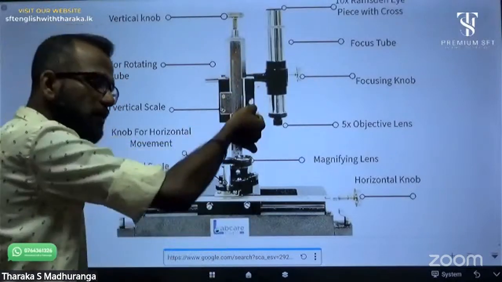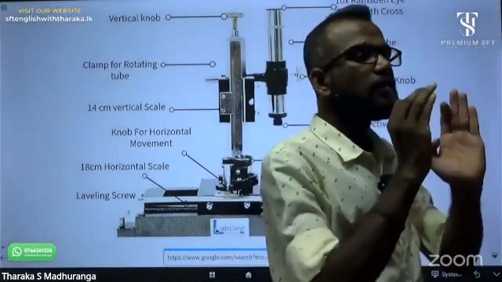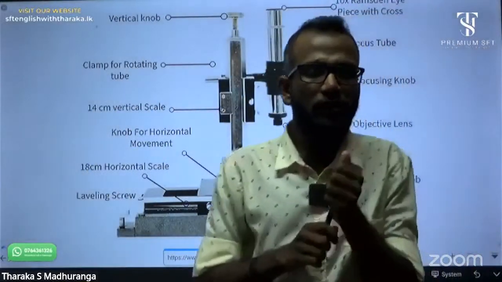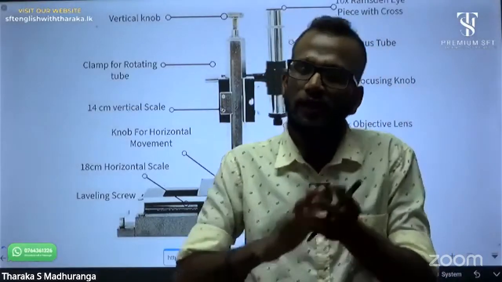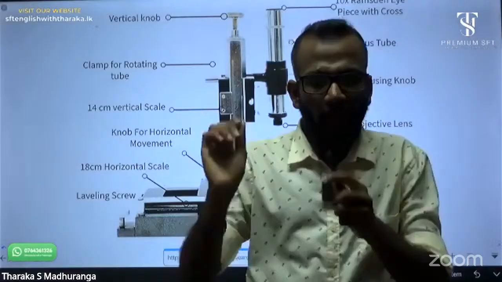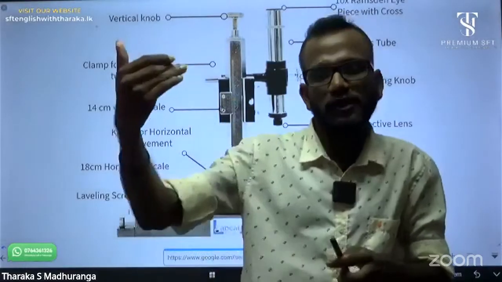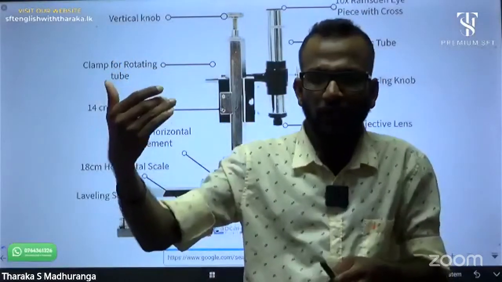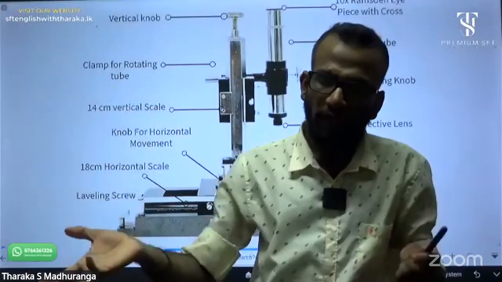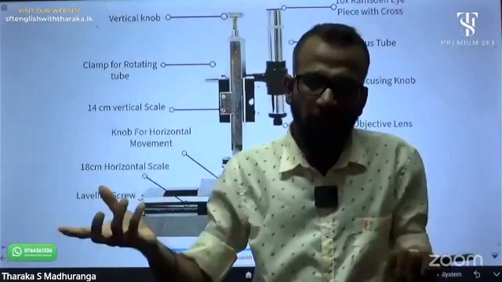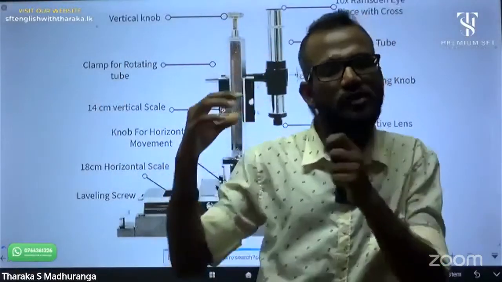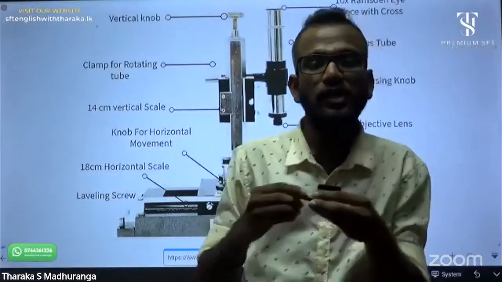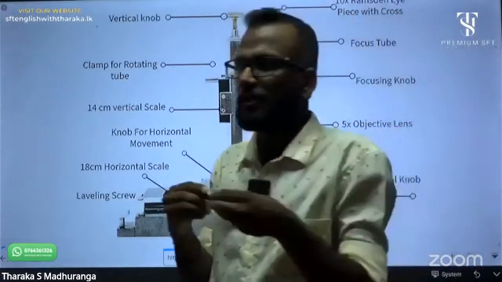The main principle of the instrument is the vernier principle, same as the vernier caliper. So the measurement reading, zero errors, and least counts are everything the same as the vernier caliper, because the traveling microscope uses the vernier principle.